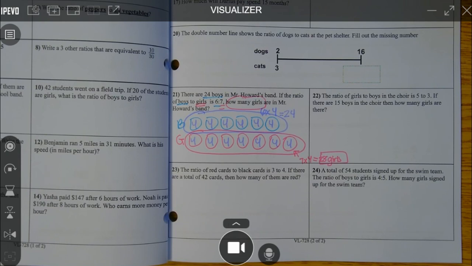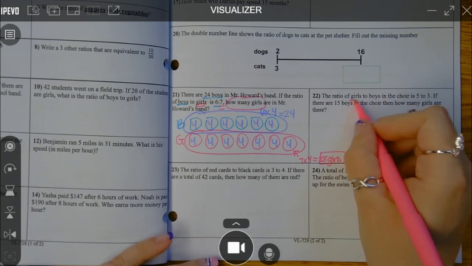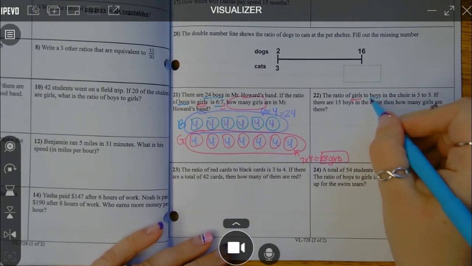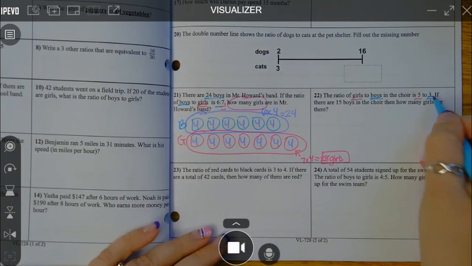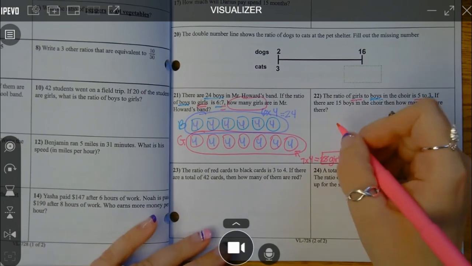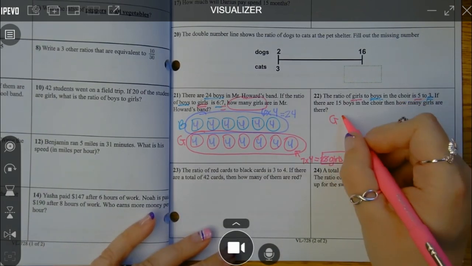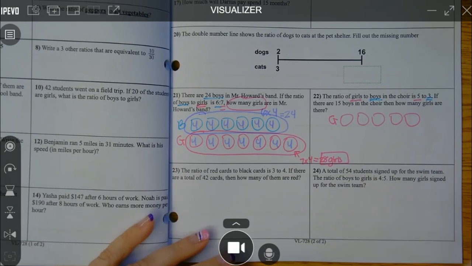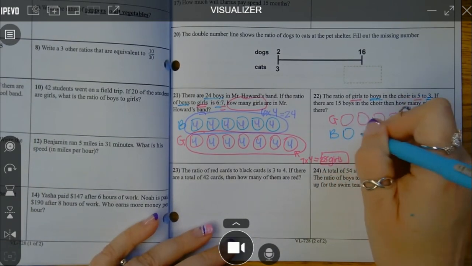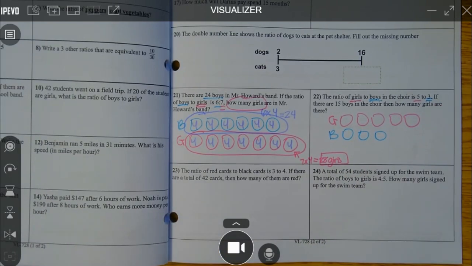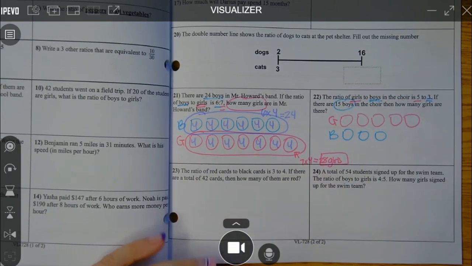Don't forget, try it yourself, pause it, and then come back and see how you did. Now that you're back with us, it said the ratio of girls to boys is 5 to 3. To represent girls, how many boxes do I do? Yeah, 1, 2, 3, 4, 5 boxes. And to represent boys, how many boxes would you do? 1, 2, 3 boxes. If there are 15 boys in the choir, then how many girls are there?